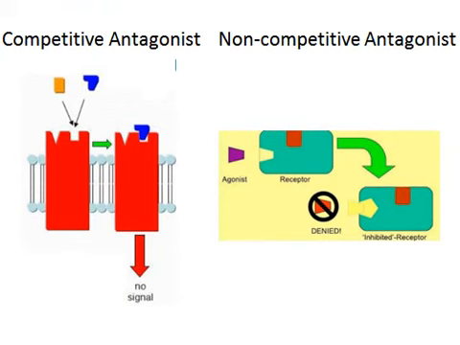For this example, let's consider this figure first. Here, this orange box is an agonist, and this blue one is an antagonist, a blocker, and the agonist is going to activate the receptor. Both have to bind with the same site, so they are competing with each other.